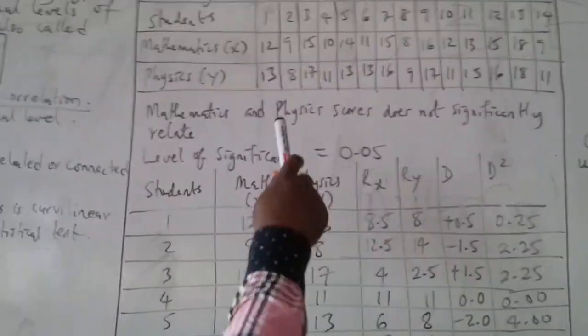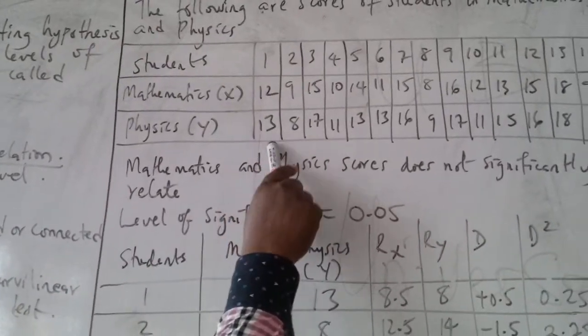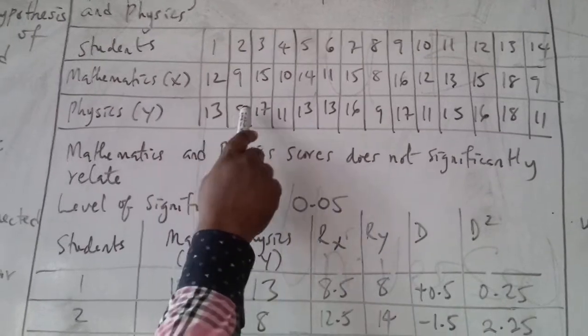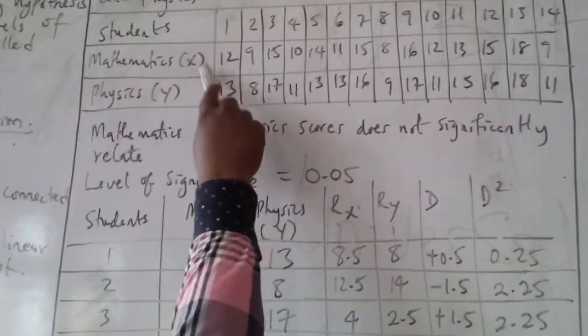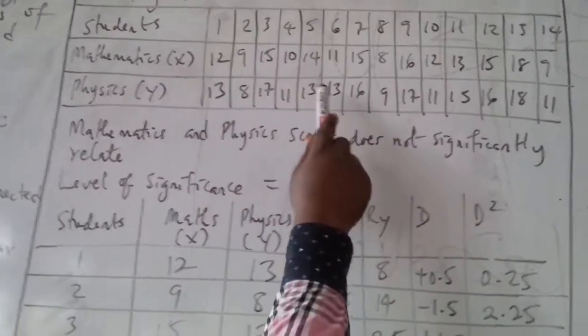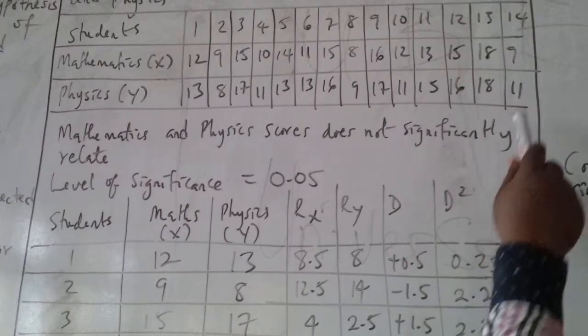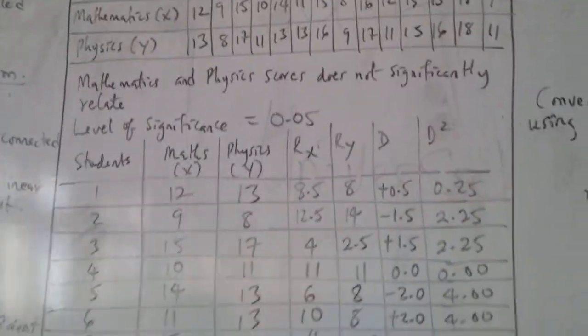Student 1 scored 12 in mathematics and 13 in physics. Student 2 scored 9 in mathematics and 8 in physics. Student 3 scored 15 in mathematics and 17 in physics, and so forth and so on. Student 14 scored 9 in mathematics and 11 in physics.